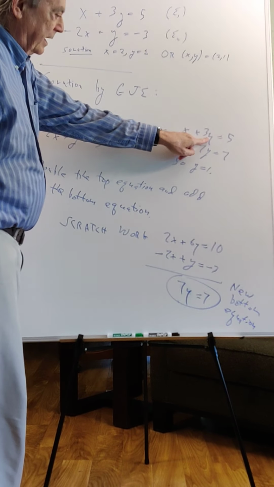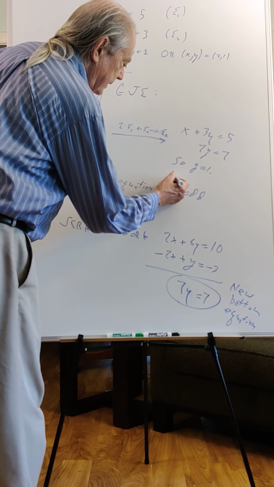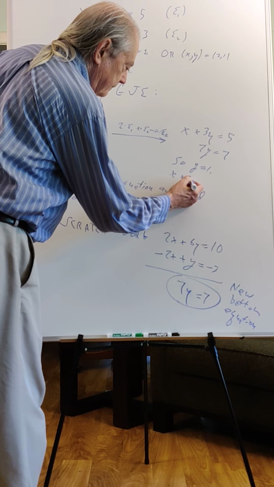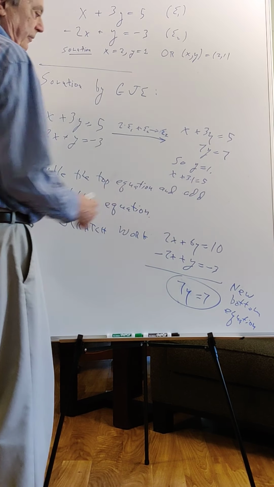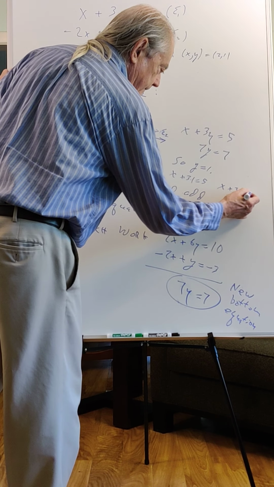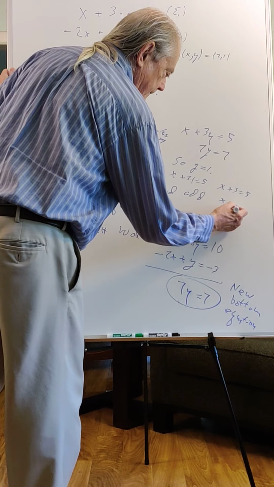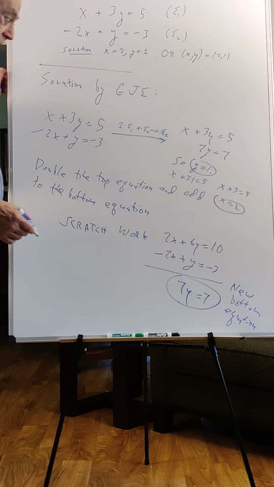So we can put a 1 there and figure out what x is. x plus 3 times 1 is 5. x plus 3 is 5, so x is 2. Okay, so y is 1, x is 2. That was our previous answer.